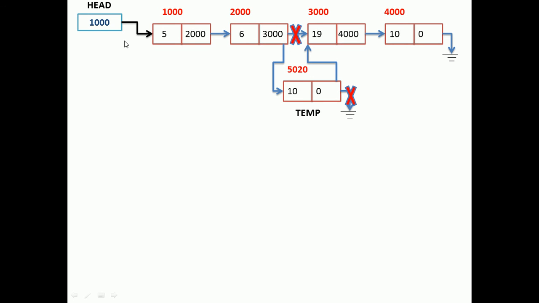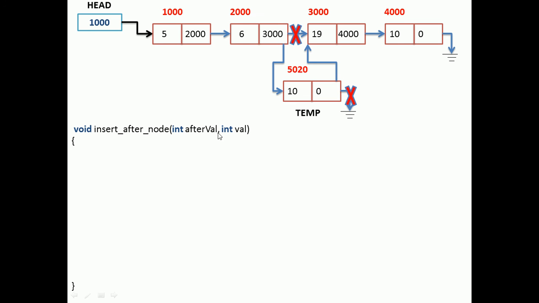Here is the entire list. The picture tells every process. I have written a function insert after node which has 2 arguments. One is int after value, another is int value.